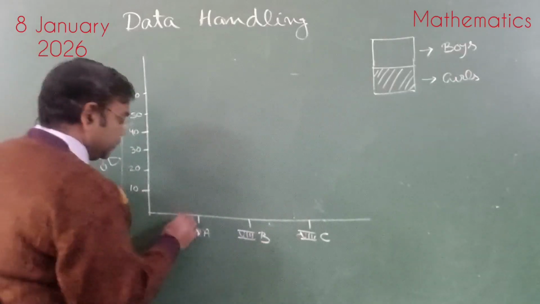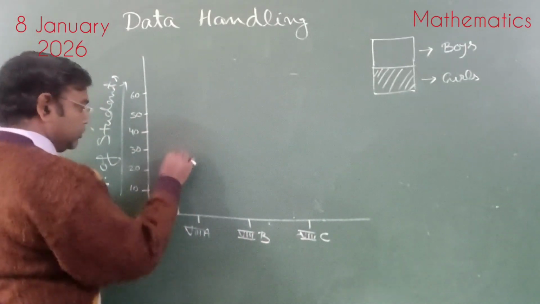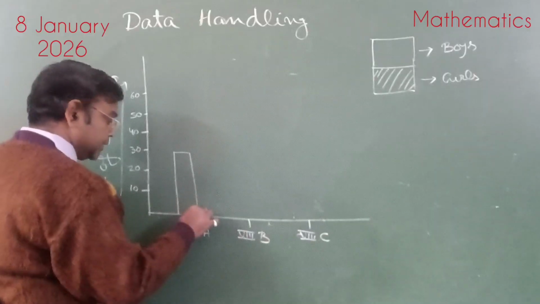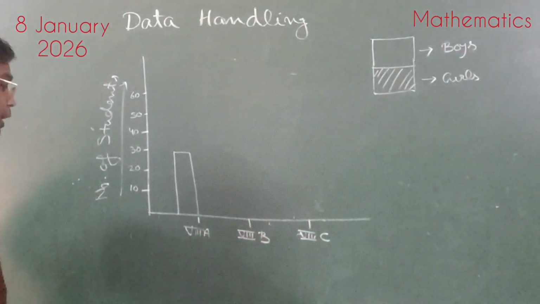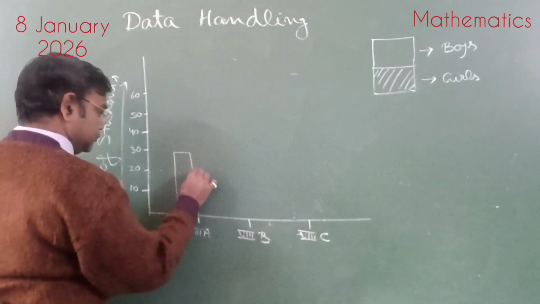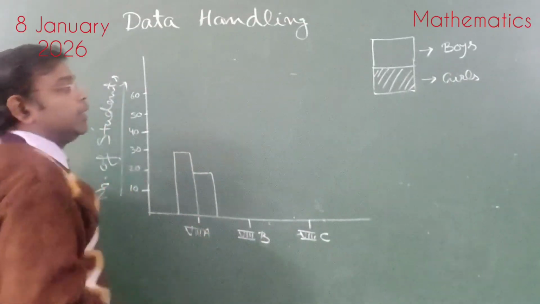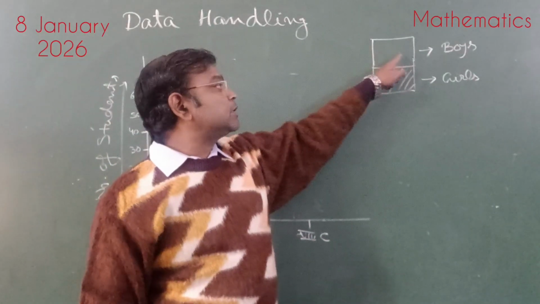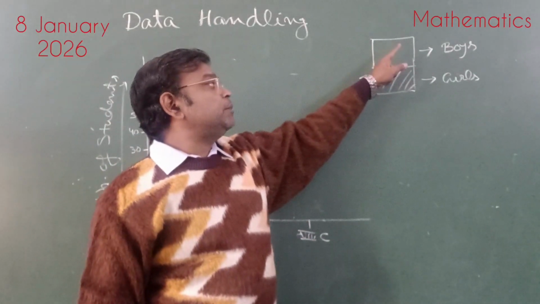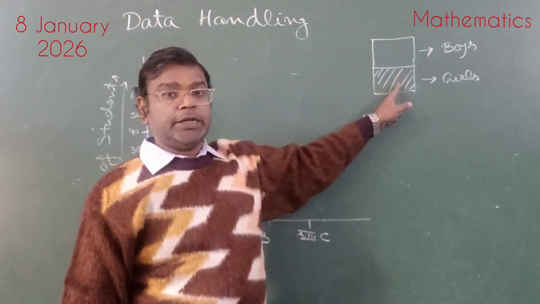As we know, in class 8A there are 30 boys and 20 girls, as an example. If you observe, boys are always represented by a plain bar like this one and girls by the shaded one.